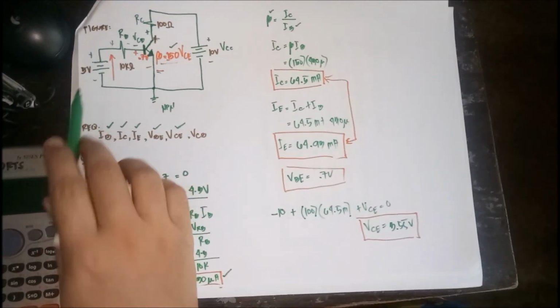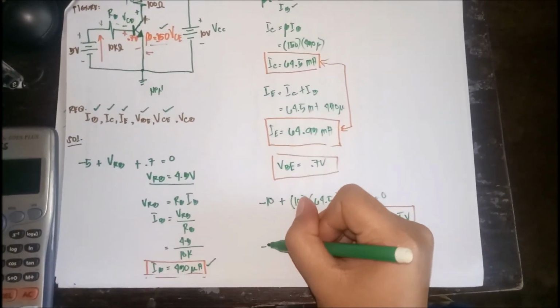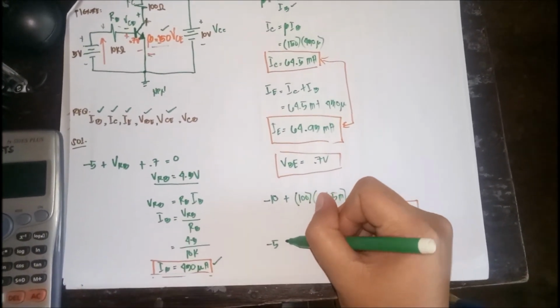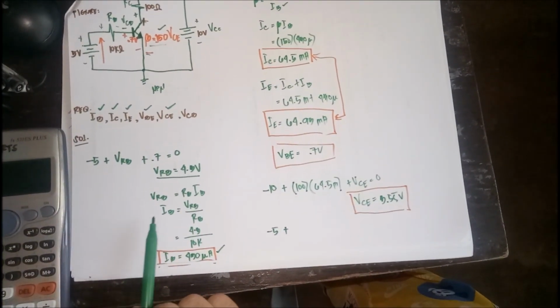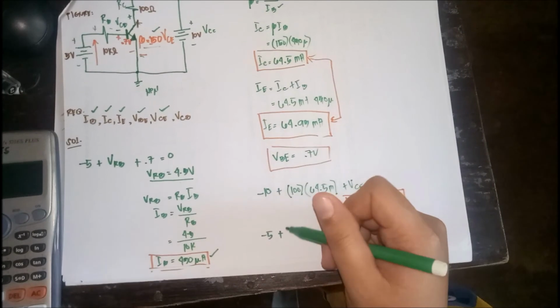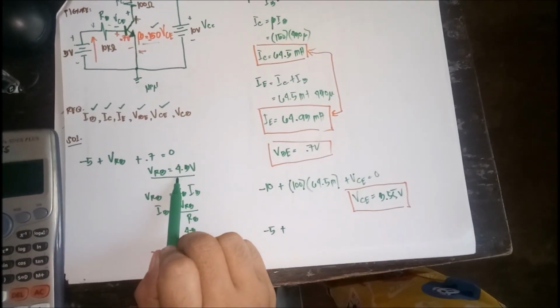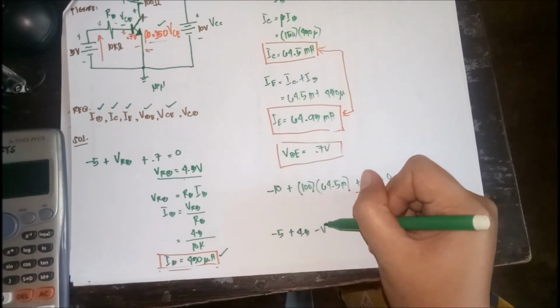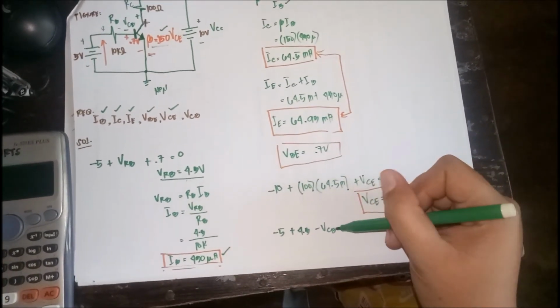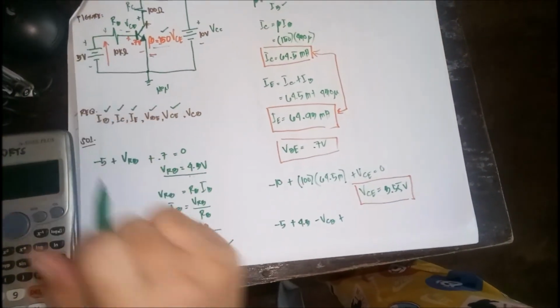So, I'm gonna start here. So, this would be negative 5 plus, this is VRB. Diretso ko na po. VRB is, eto, 4.3. VRB, this is VRB. 4.3 minus VCB yung hinahanap natin plus this one.